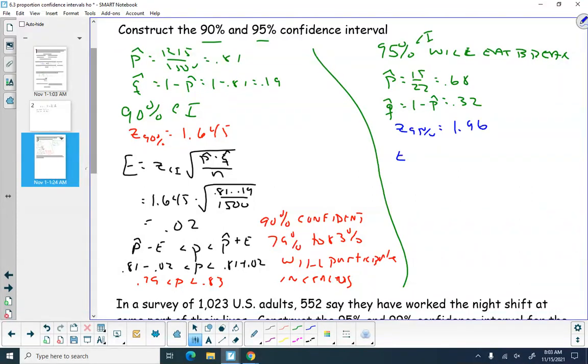So we calculate our error as the Z times the square root of p hat times q hat divided by n.